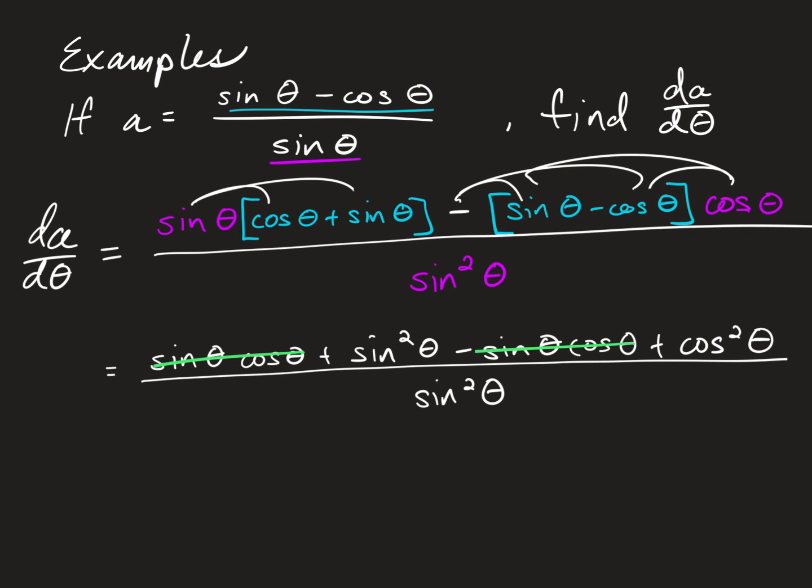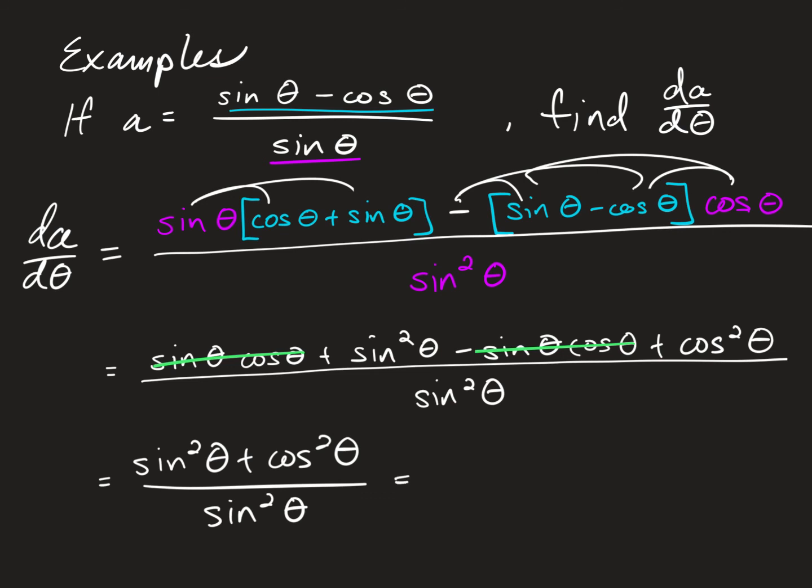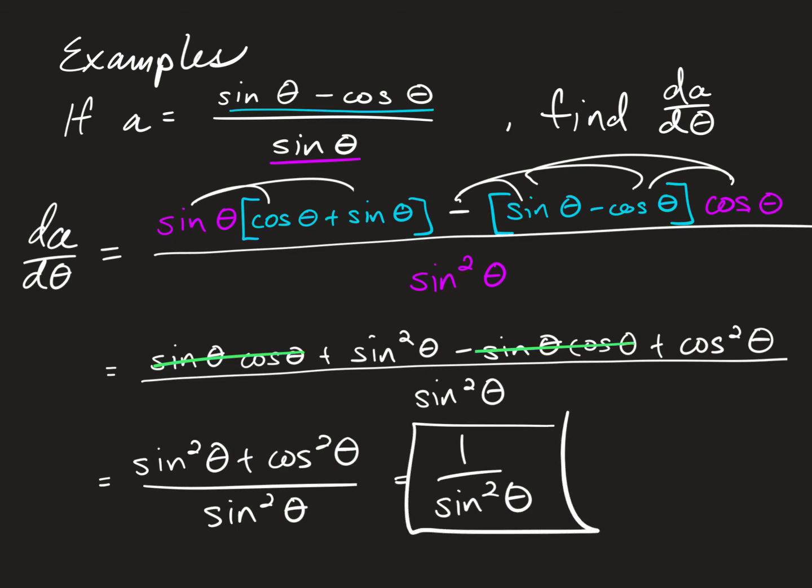Are your Pythagorean trigonometric identity senses tingling? Because they should be. So we have sine squared theta plus cosine squared theta all over sine squared theta. And the numerator is just equal to 1. So here is the derivative of that function.